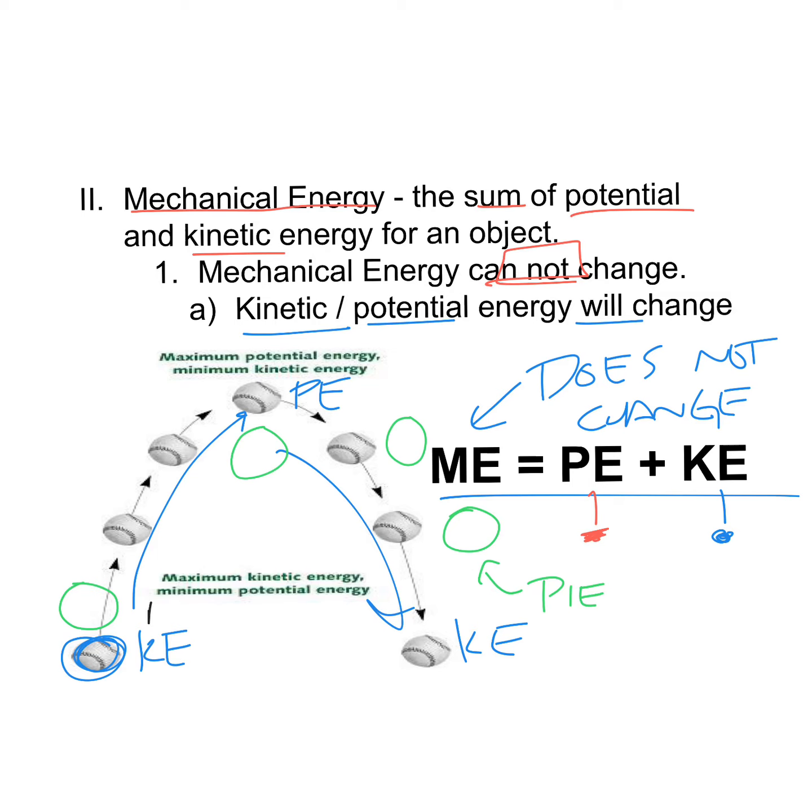We'll have this be position 1, this be position 2, and this be position 3. At the very beginning, it's all kinetic. So the pie itself is all mechanical, but what makes up that mechanical is all kinetic. At the very top, it's all potential. There's no kinetic. Then here at number 3, it's pretty high, so it's mostly potential, but there's also kinetic. So you notice the pie itself, the green, doesn't change. The mechanical energy is the same, but the potential and the kinetic is the thing that is changing.